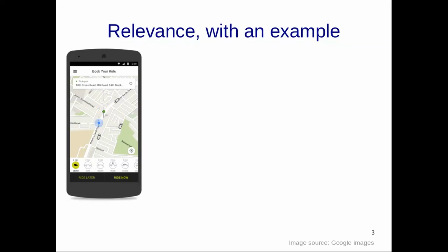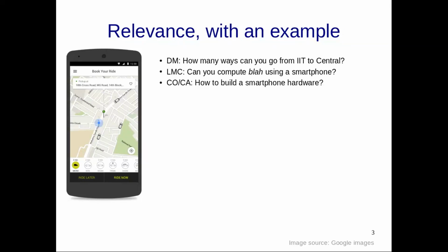So if you look at different courses that happen, and don't worry if you have not done some of these courses, that is more for me to bring you to the overall scheme of things about different courses, right? So for example, in discrete mathematics, we might ask how many ways can you go from, let's say, IIT Madras to the Chennai Central.